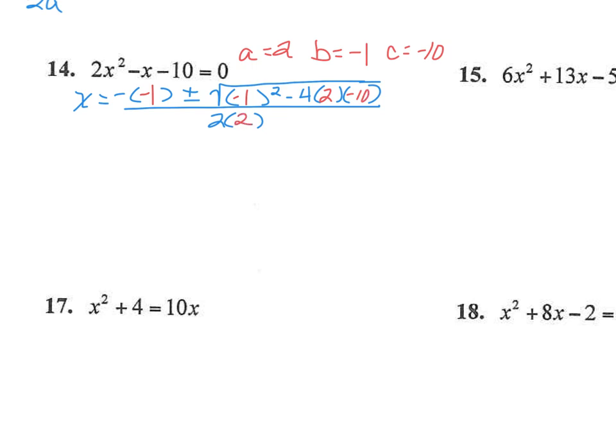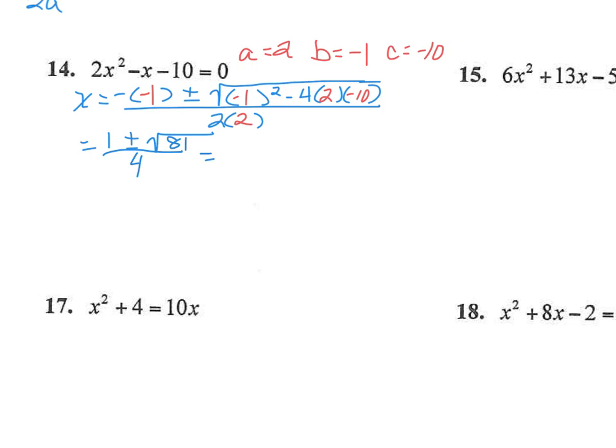And then you're going to simplify. The opposite of -1 is 1, plus or minus the square root of, and then -1 squared is +1. A negative and a negative is going to make a positive. 4 times 2 times 10 is going to be 80. So we end up with 81 underneath the radical, all divided by 2 times 2, which is 4.